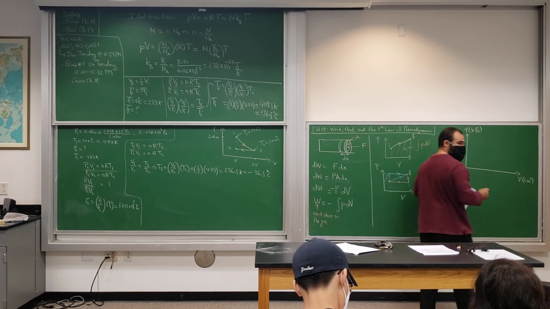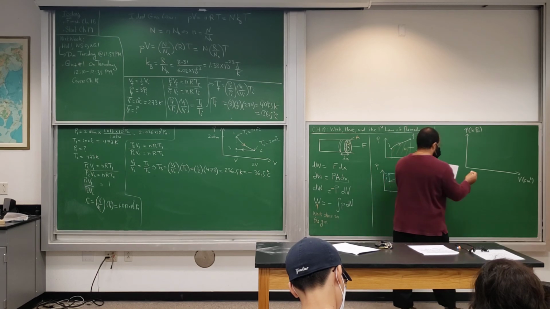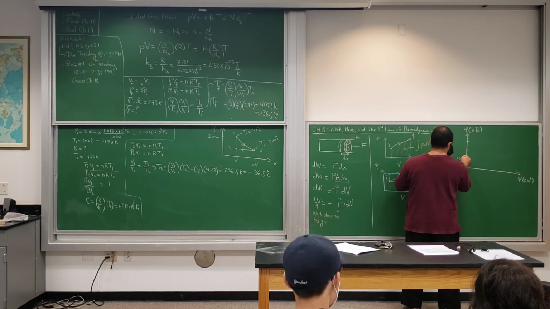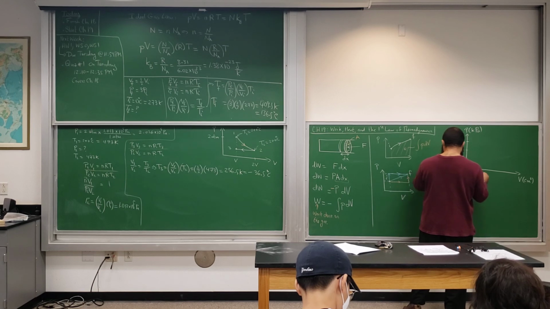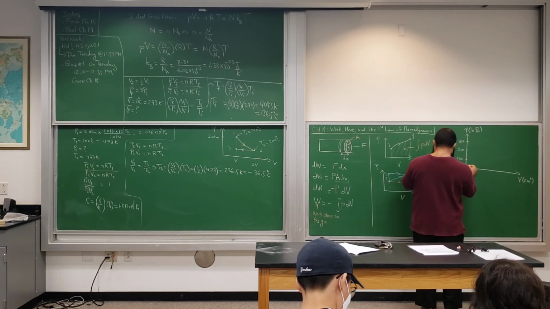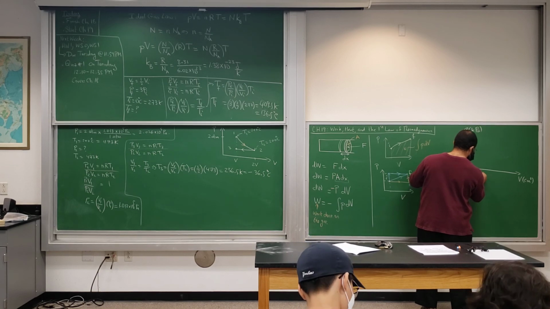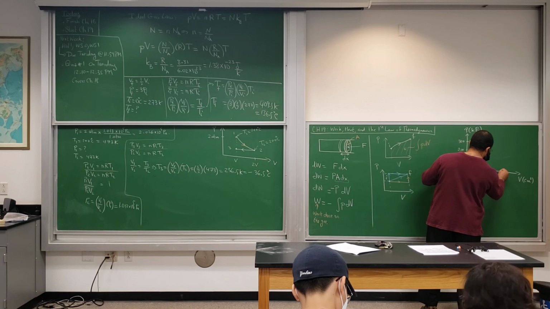Kilopascals means thousands of pascals, right? So this is 100, 200, 300, and here, 500, 1,000, and 1,500.